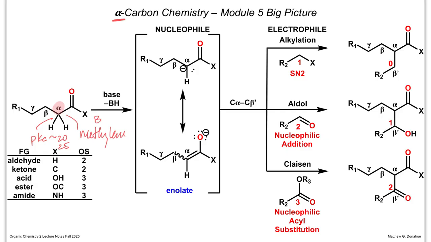So say we have some base, and I'll just show a neutral base here, a lone pair. It's going to abstract a hydrogen. And when it does that, the electrons in the CH bond go on the alpha carbon. And so that is getting us up into what is drawn as the top structure there. So we have the lone pair on the alpha.